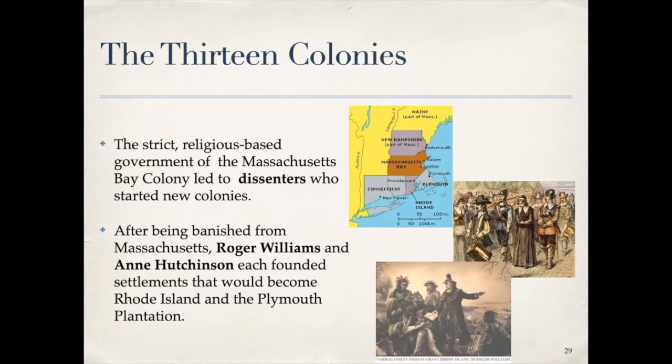The 13 Colonies. The strict religious-based government of the Massachusetts Bay Colony led to dissenters who started new colonies. After being banished from Massachusetts, Roger Williams and Anne Hutchinson each founded settlements that would become Rhode Island and Plymouth Plantation.